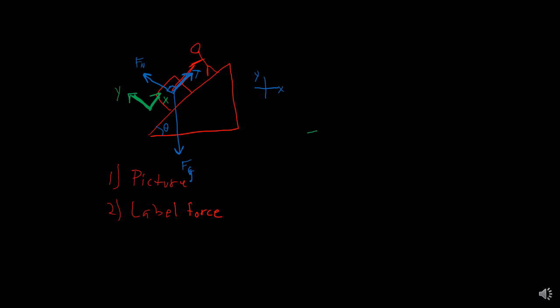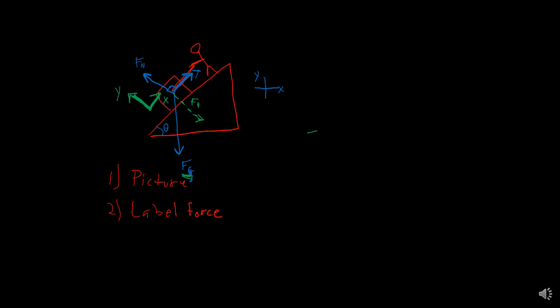So what I have to do now, though, is recognize that my gravity is no longer acting along these directions of this new coordinate system. So I need to decompose it into a right triangle. I put a piece of it that's going in the y direction. That's going to be F_Gy.